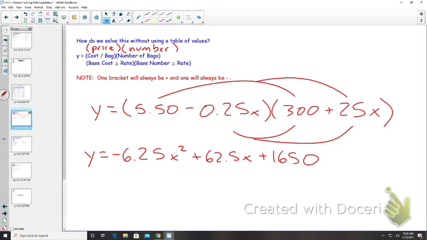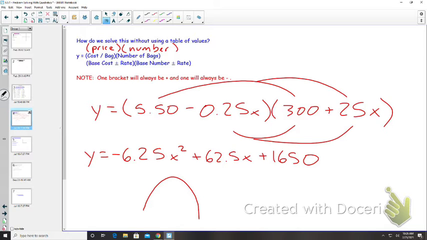But now that it's in this form, what is the shape of my parabola going to be? Down, it's a sad parabola. So on a graph, is this going to be a maximum or a minimum value?